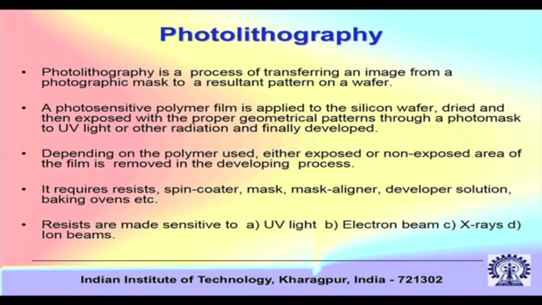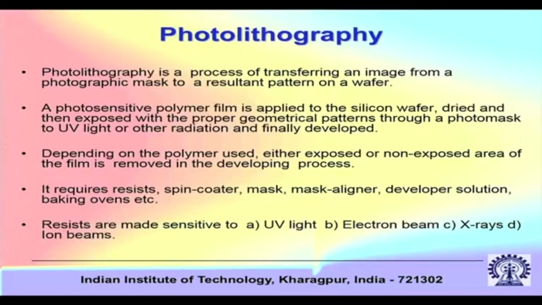Photolithography is basically printing by light. What you are doing is transferring an image from a photographic mask to a resultant pattern on a wafer. There is a mask, and the mask has a pattern.